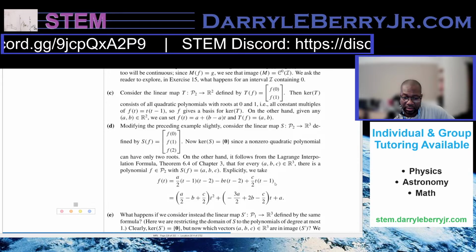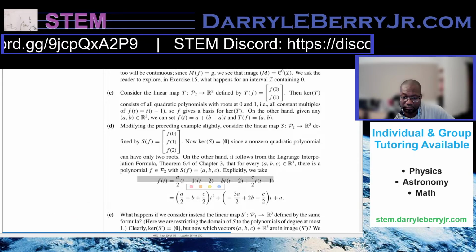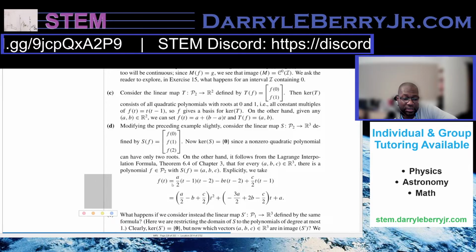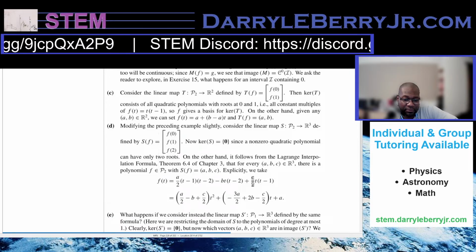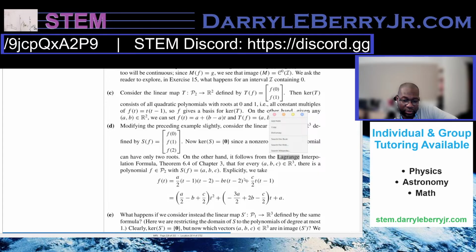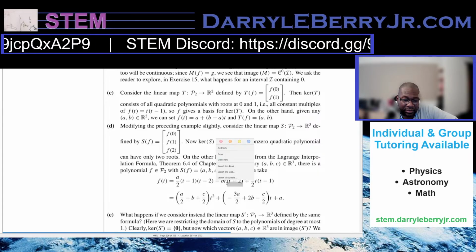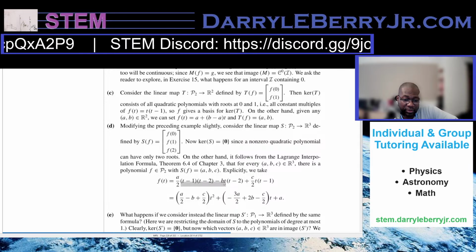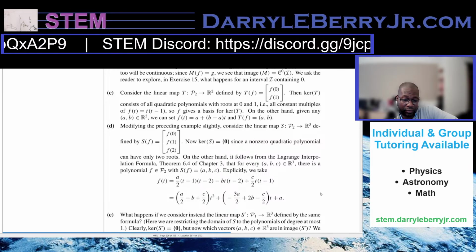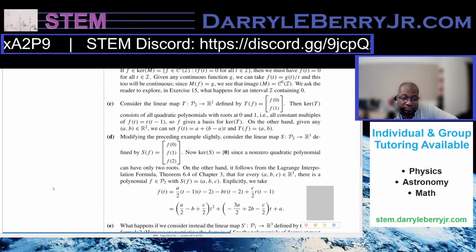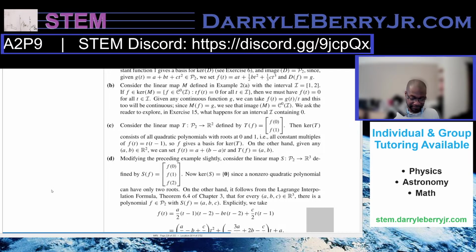I'm trying to see if I see a pattern. I don't think I do, because there's a 1/2 here, 1/2 there. There's a t minus 1 times t, a t minus 2 times t, but a t minus 2 times t minus 1. So, well, maybe we'll come back to that.